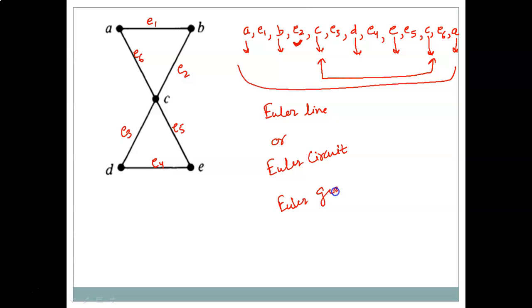In fact, if you can find an Euler line, then that graph is called an Euler graph. So in an Euler line, every edge is traversed exactly once, but a vertex may appear twice. So whenever you are asked to describe an Euler line, you should write the Euler line in this manner.